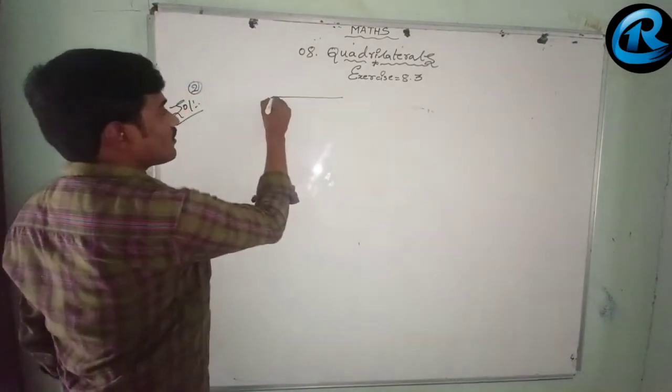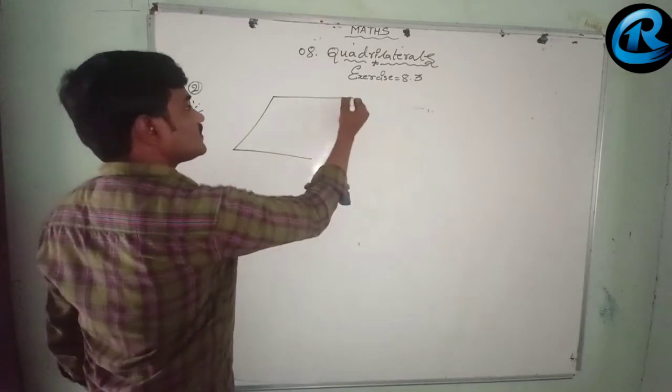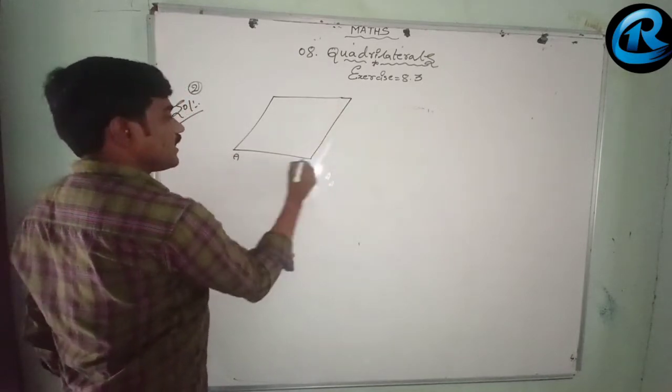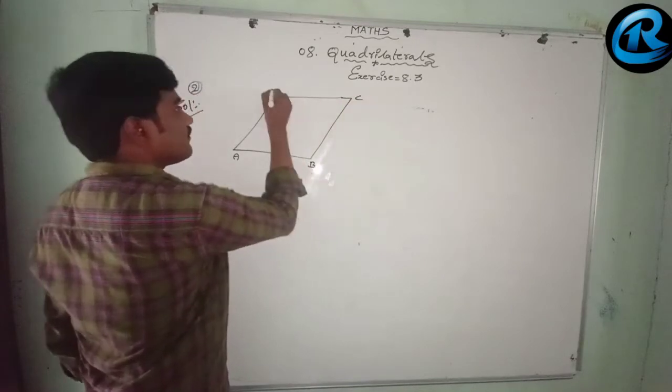Let us take one parallelogram first. ABCD is a parallelogram.